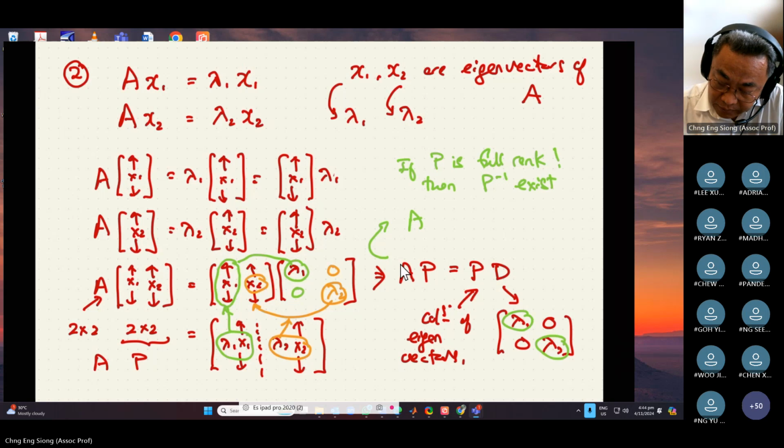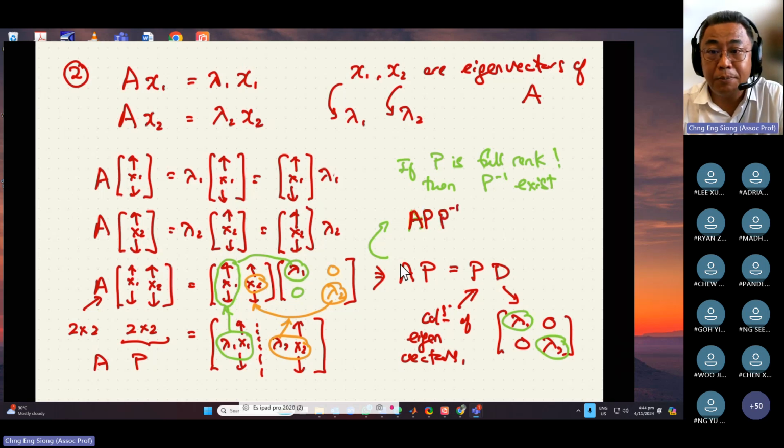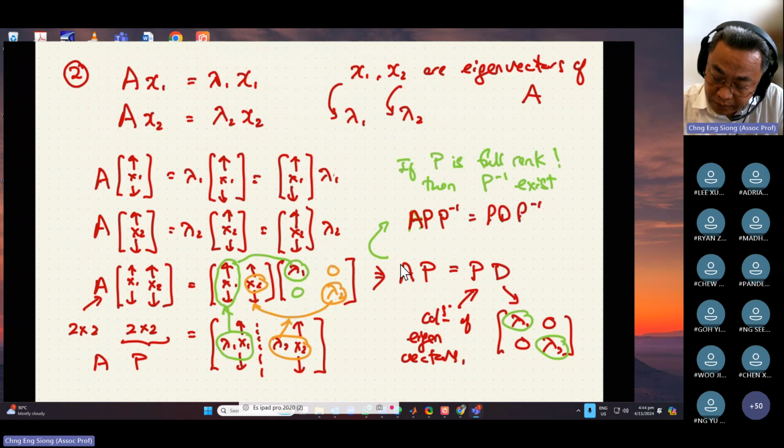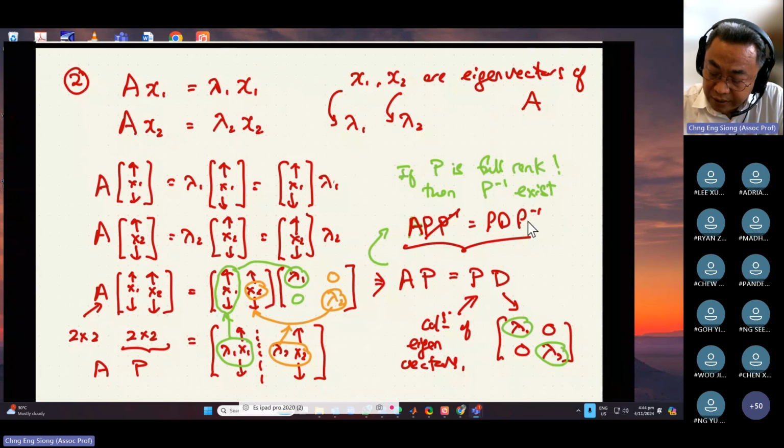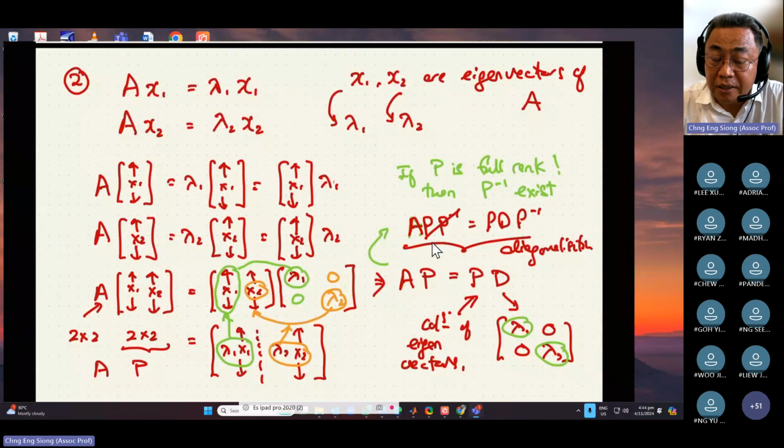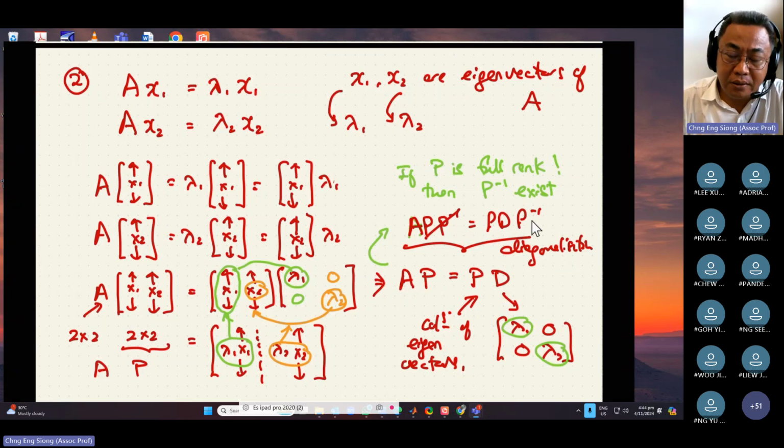Multiplying P minus 1 on the right hand side, A P P minus 1 equals P D P minus 1. Here becomes what they call identity. A is P D P minus 1. This is called a diagonalization. Why diagonalization? Because matrix A has been changed to matrix D. What are P and P inverse doing? We'll show you later.